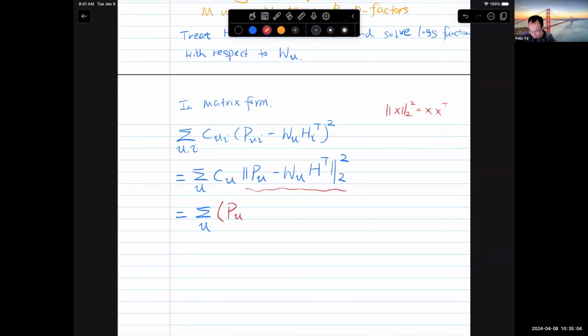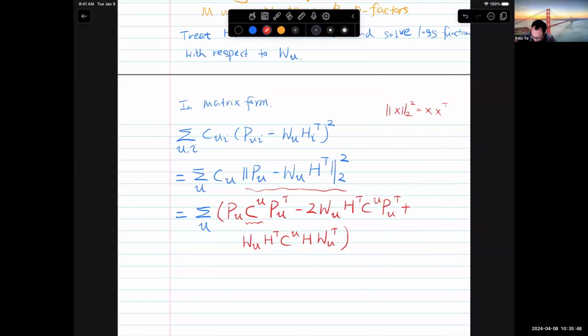This is C of U, and I'm going to tell you what C of U is momentarily. It is kind of the weight. So PU C of U PU transpose, subtract 2 WU H transpose C of U PU transpose, plus WU H transpose C of U H WU transpose. So I have 3 terms, coming from the expansion of this.